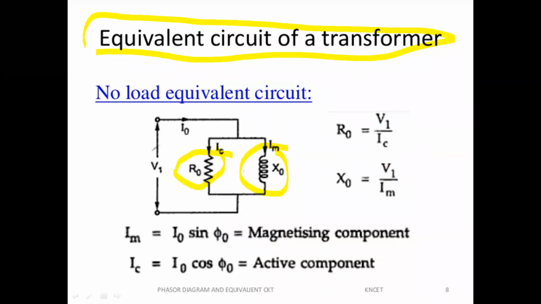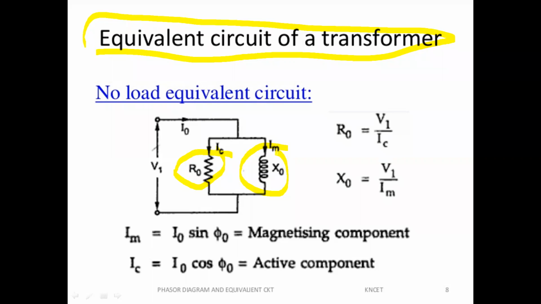Depending upon the secondary load, the primary current of the transformer varies. Sometimes the secondary load is 0, that means no load on the secondary side. But a transformer primary winding is always excited from the AC source.